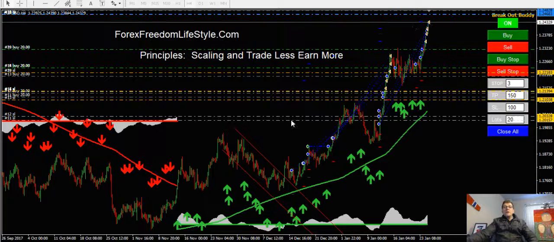We're not a fly-by-night organization. We're not a build and dump strategy. We are a strategic planning, scaling, and trade less, earn more system. We're long-term traders. We get into these kind of trades where you can see this indicator, Breakout Buddy, is showing a strong trend up.